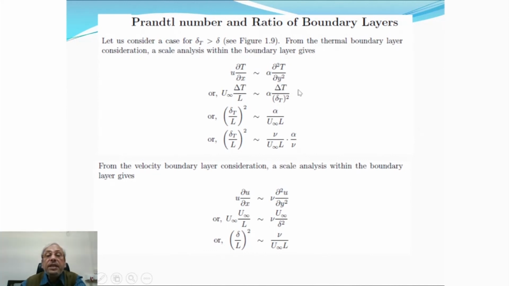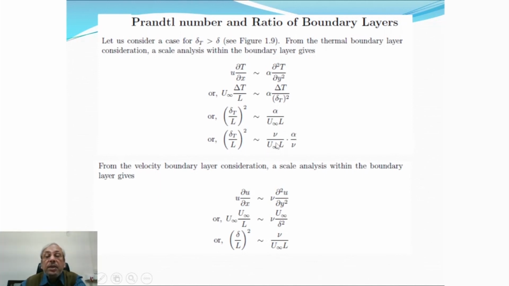So this del T gets cancelled out. We can write delta T by L square is proportional to alpha divided by U infinity by L. So we can write delta T by L square equal to basically alpha by U infinity into L.